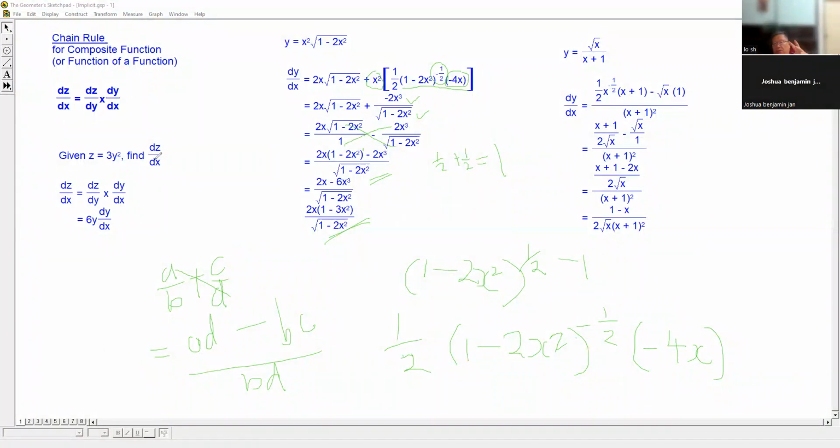You need to have a very good basic in indices. So when you multiply the terms, then you have to know what is this. That's why I explained to you here all this, how to differentiate and how to deal with these algebraic expressions. So far, okay or not?